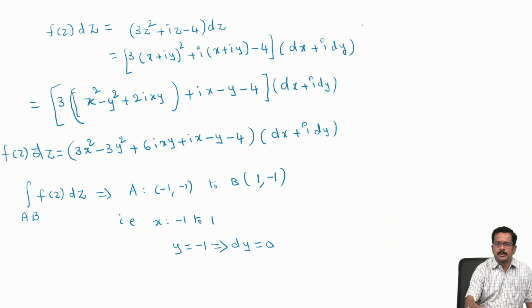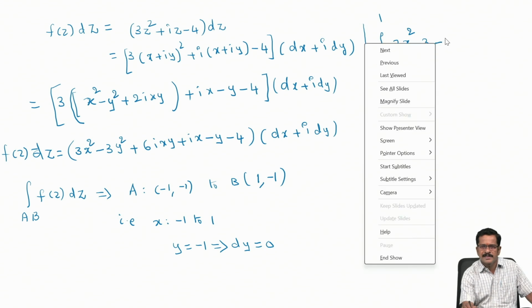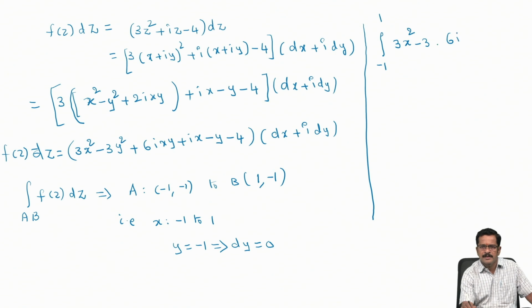So therefore this simplifies as the integration where x is varying from minus 1 to 1 of f of z dz, so 3x square minus 3y square, y is minus 1, so minus 3 you will get, and 6ixy becomes minus 6ix, plus ix plus 1 minus 4, into dx, because dy is 0, so only dx will come here.